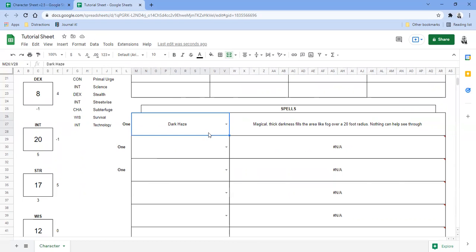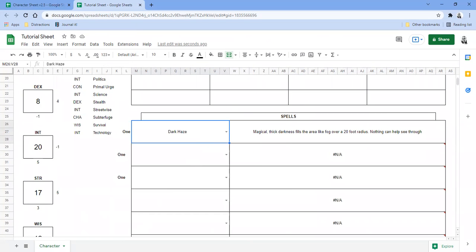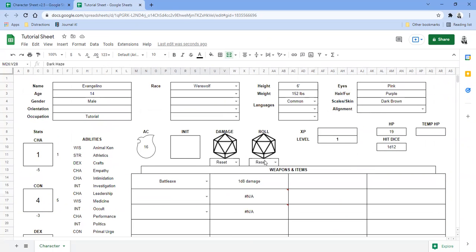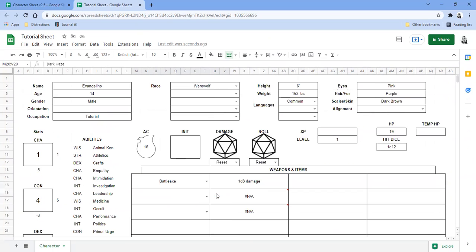Say you want to use Dark Haze. In the RPG book that I have on the Discord, it says certain numbers equal a success, some equal a failure, some equal, it worked okay. So you want to use this. We're going to roll a d20. That's 1 d20 in here, 1 twenty-sided die.